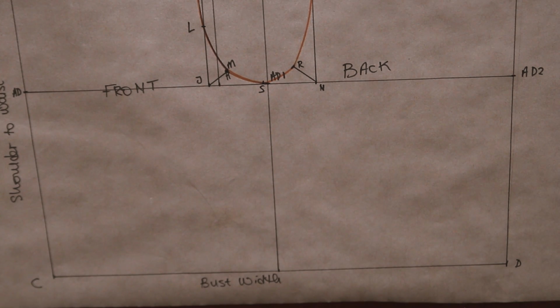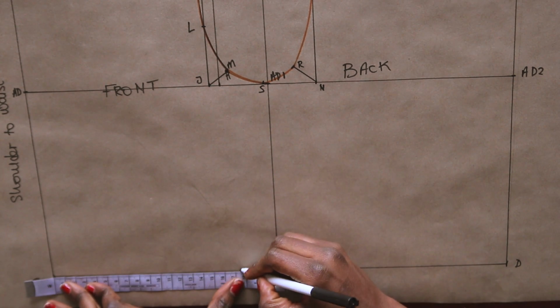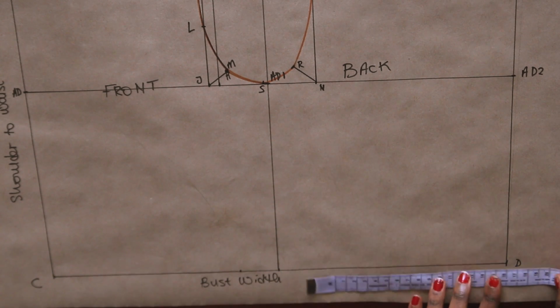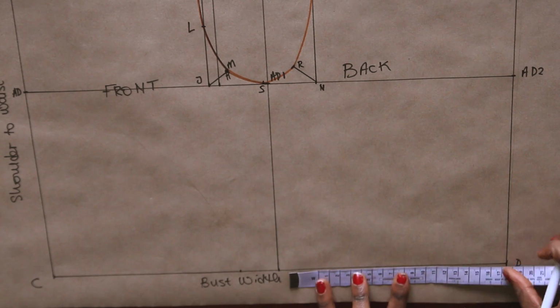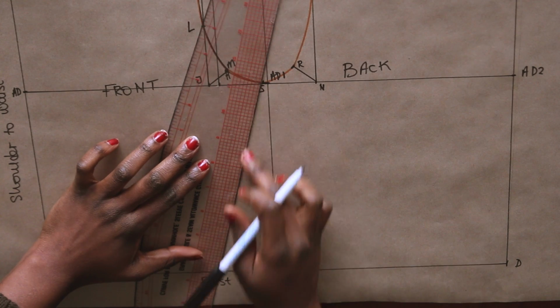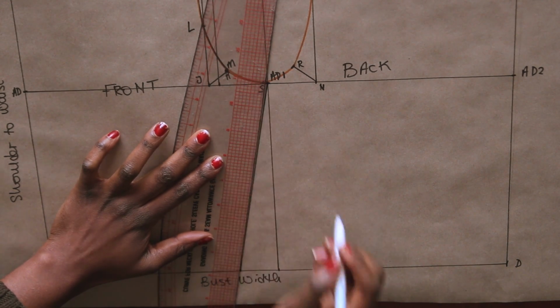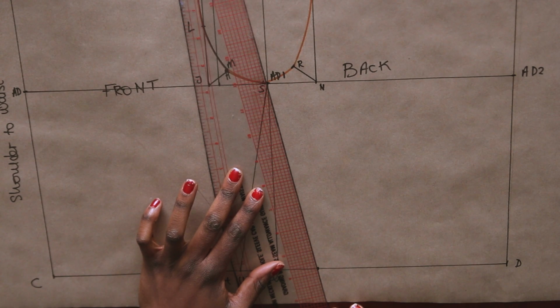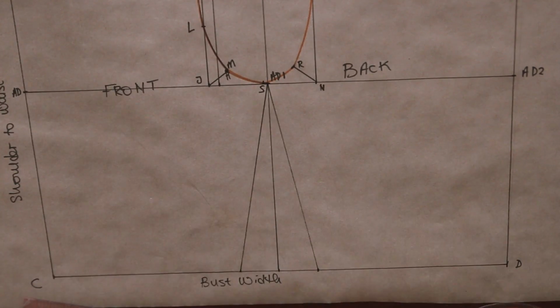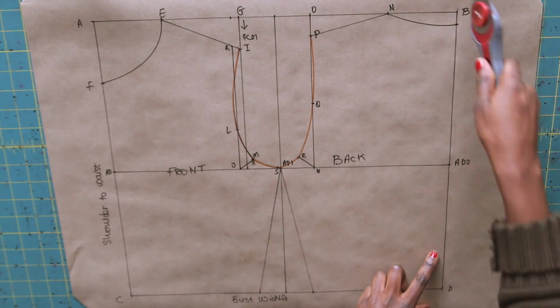Mark your waist measurement divided by 4 on line CD for both front and back patterns. Connect them to point S. Cut out your pattern like so.